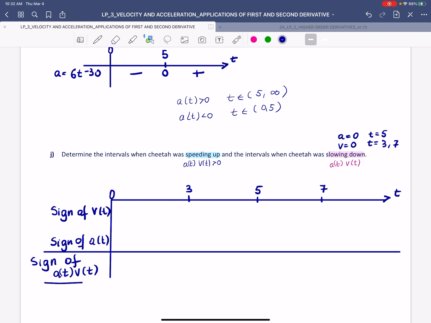And last but not least, we have to make a judgment whether the object is slowing down or speeding up. So that's the description of the motion.